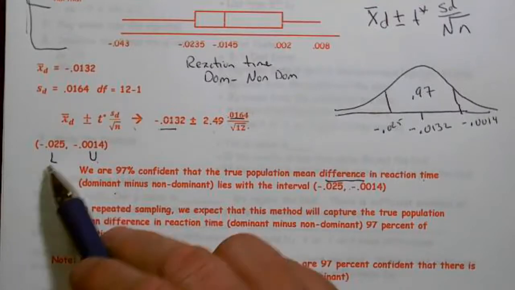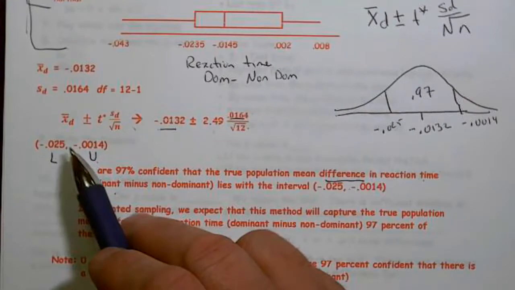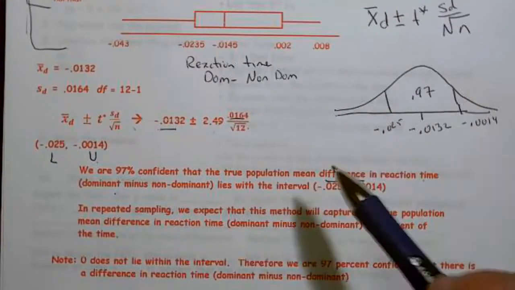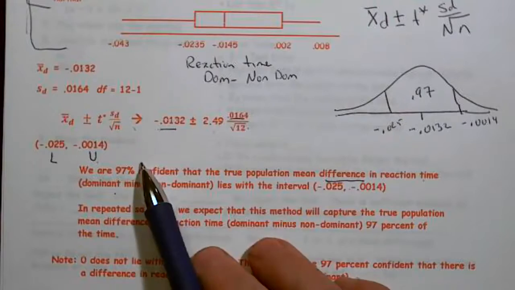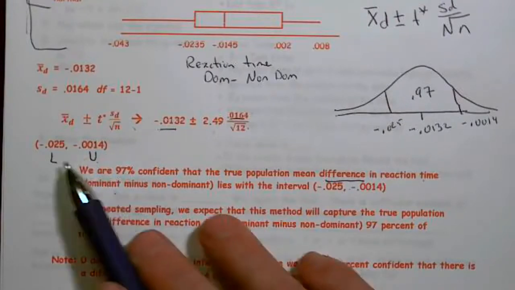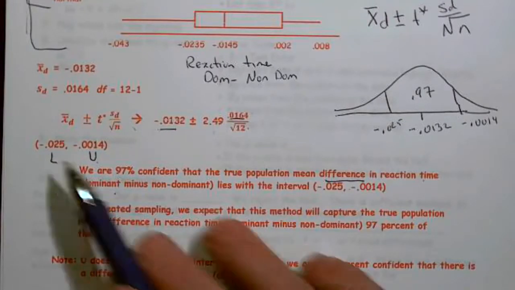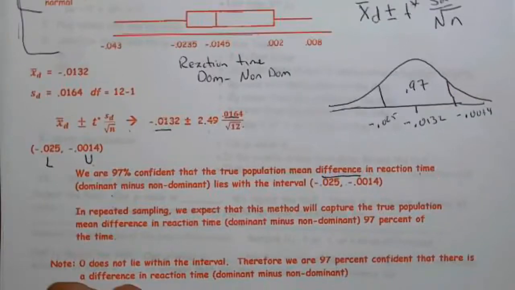In this case, both are negative, which means non-dominant took longer than dominant. So we can confirm Professor McNeil's claim that the dominant was faster and the non-dominant did take longer.